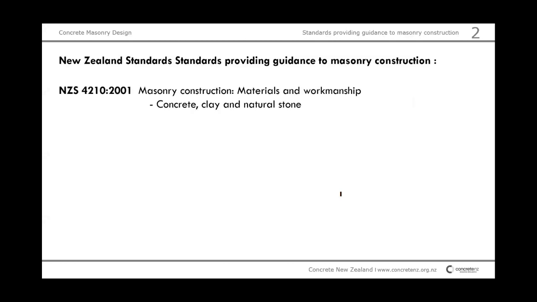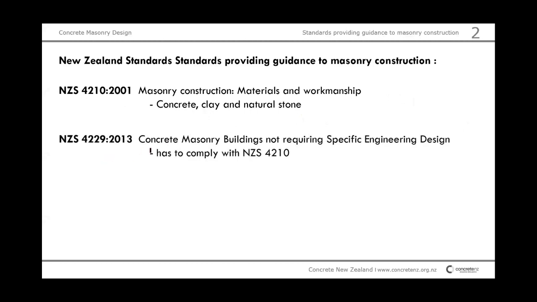The first one is 4210, which is the standard for the builder and for the contractor. It talks about materials and workmanship, not just concrete masonry, but also clay and natural stone masonry. The next one, 4229, is the standard we look into in more detail, the standard where we wouldn't need an engineer to structurally design that building.